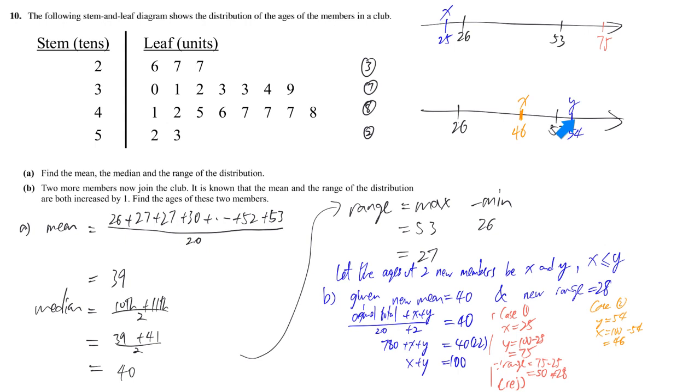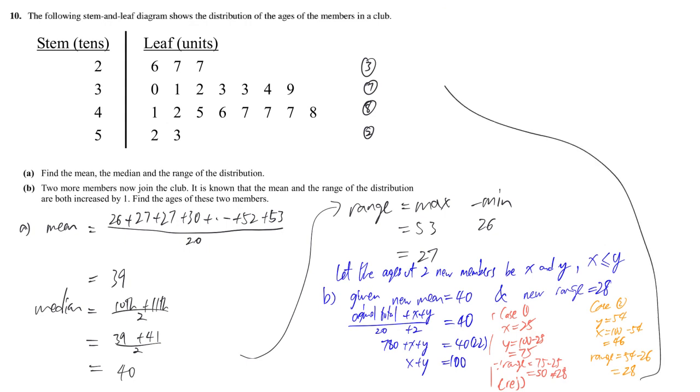We find that the range only increased by 1 because of 54 but not affected by x. So it seems like it's fine. And then we better write down the range is equal to 54 minus 26. So it's equal to 28, which fulfills our requirement. The range is 28. This is the only possible case.